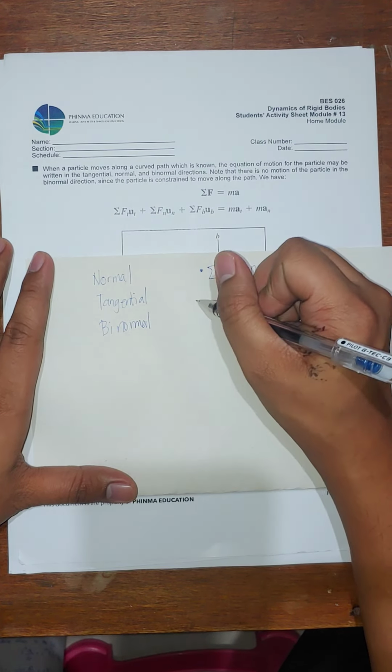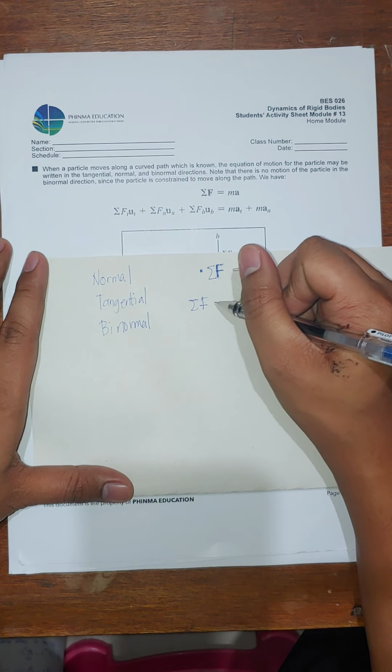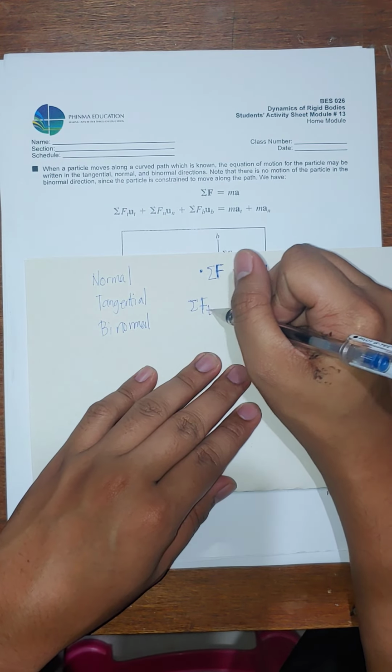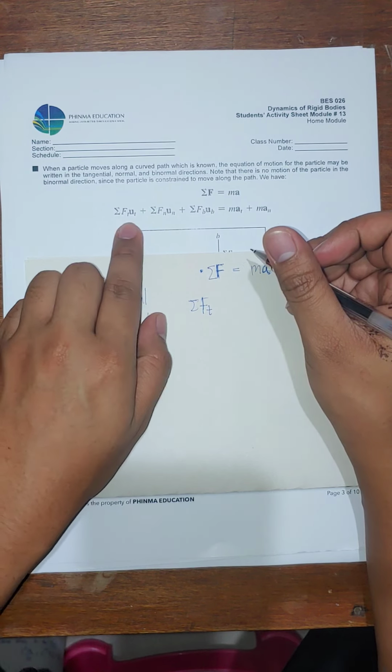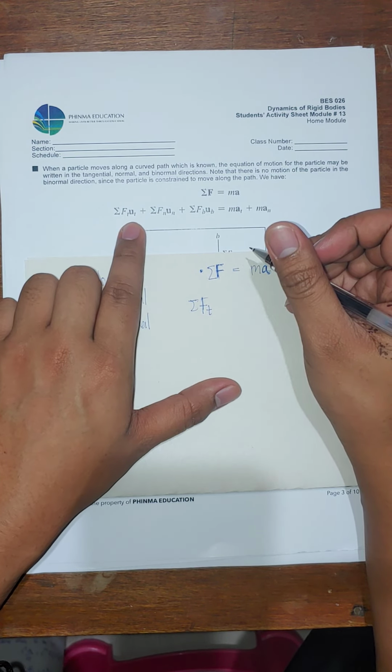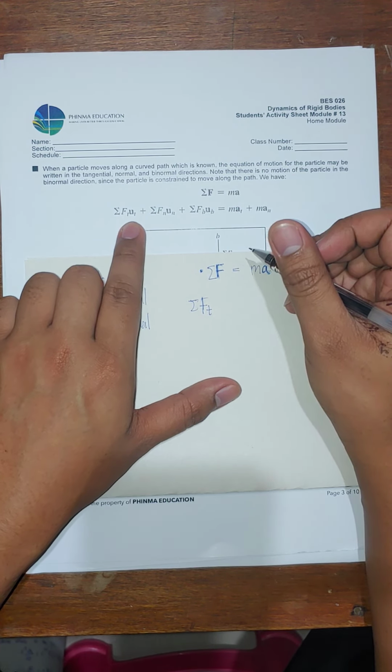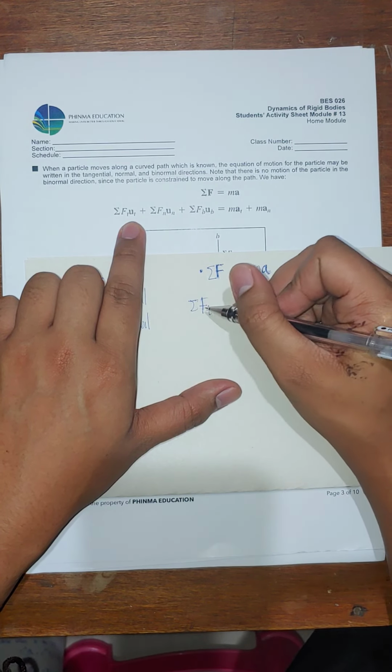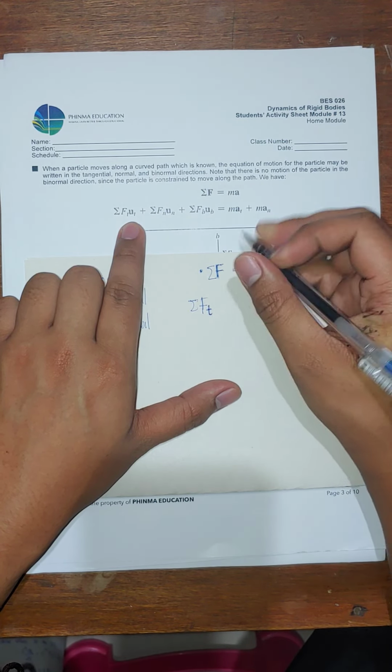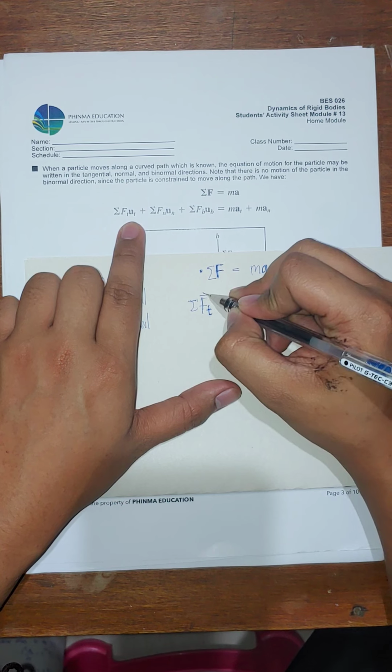So we have a summation of force along the tangential direction. Kaning u sub t again diri, this is just a unit vector. It describes the direction of motion. Pwede ra gyud nato na siya isulat as something like an arrow sa ibabaw.